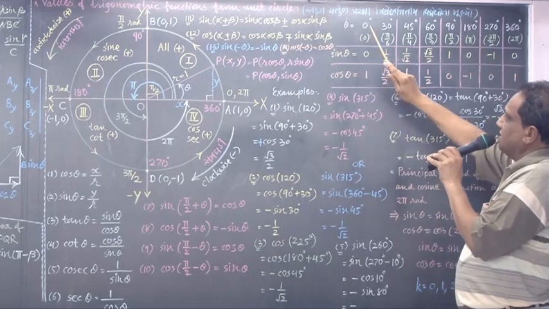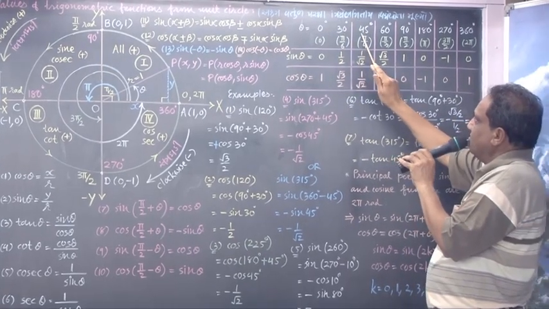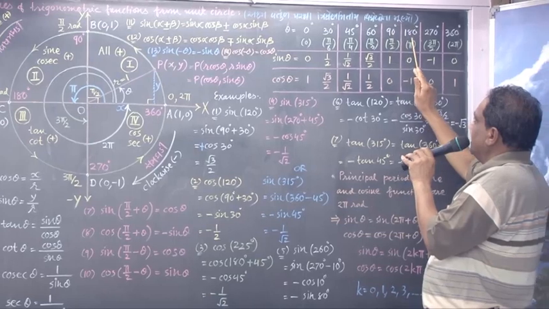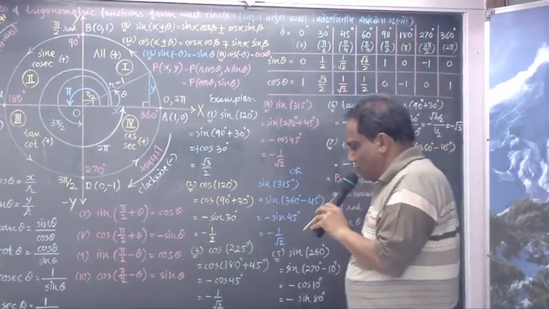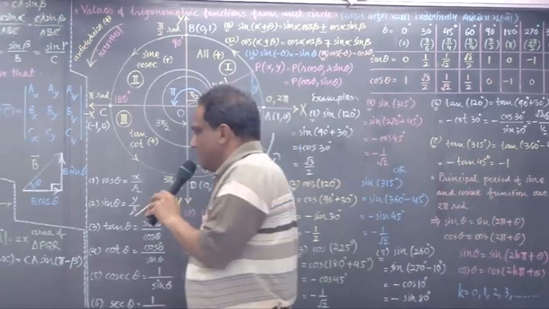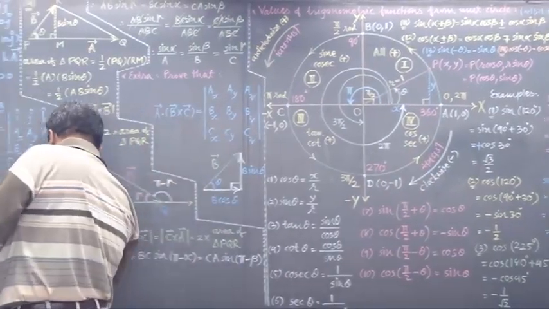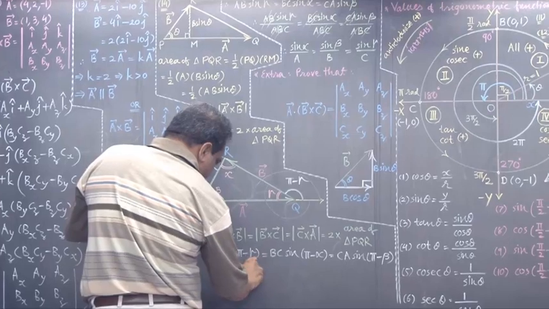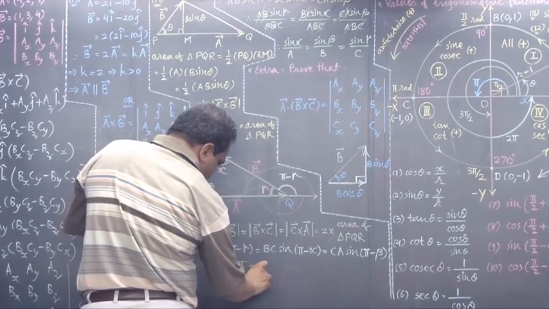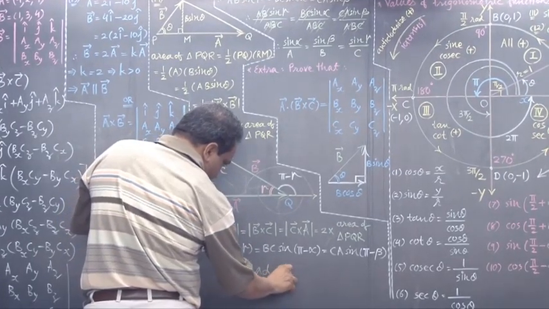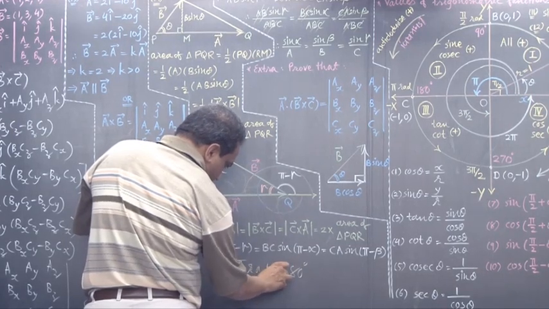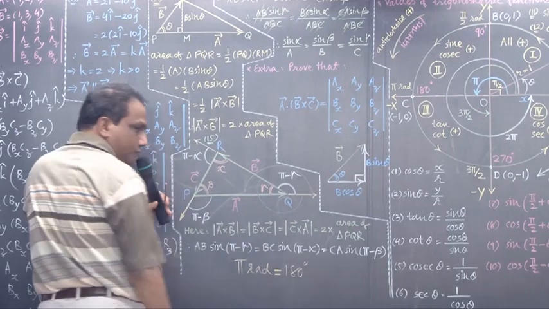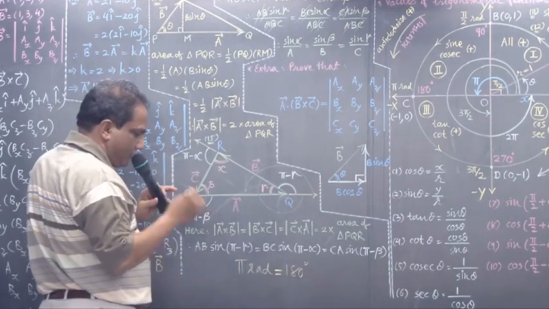Now remember these values for angle theta: 0 degree, 30 degree, 45 degree, 60 degree, 90 degree, 180 degree, 270 degree, and 360 degree. Don't you know pi radian is 180 degree? Just divide by 2 on both the sides.